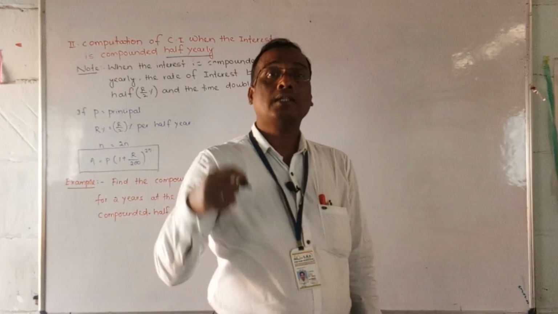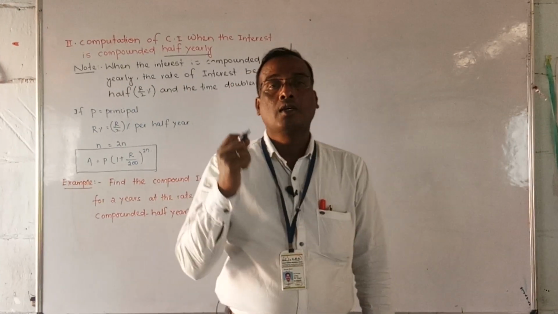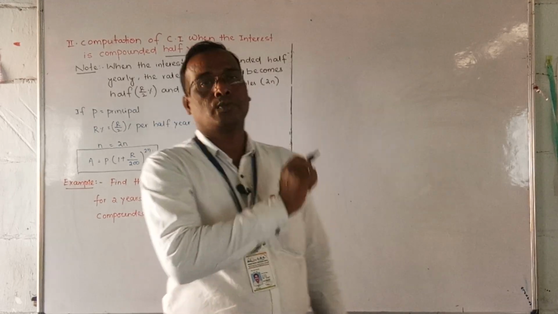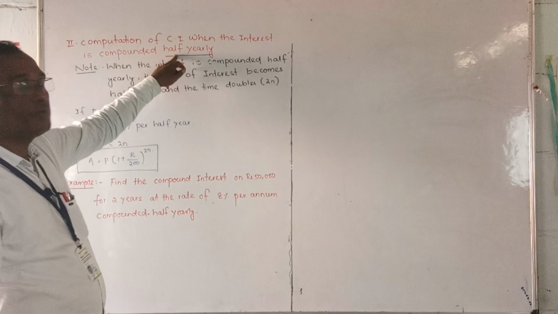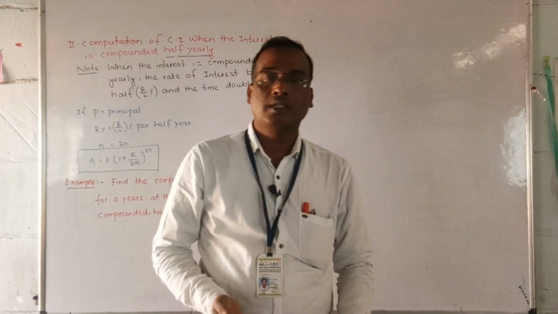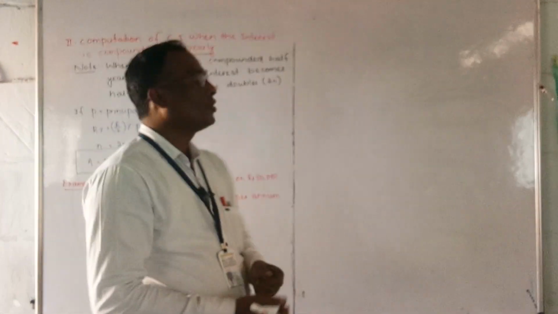Then you have to see the data and instructions given to you. If you do not do this, and it has given half yearly but you find it yearly, then your problem will become wrong.